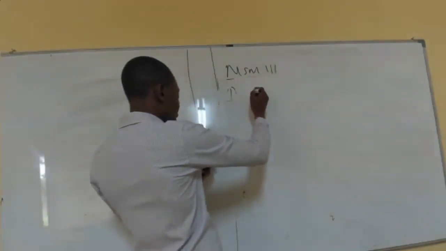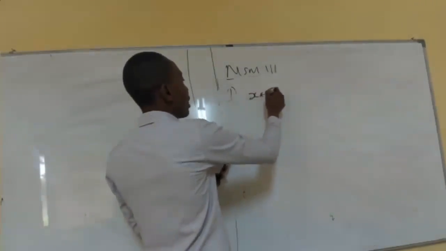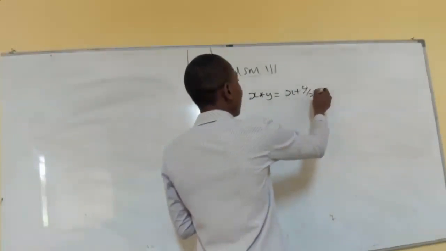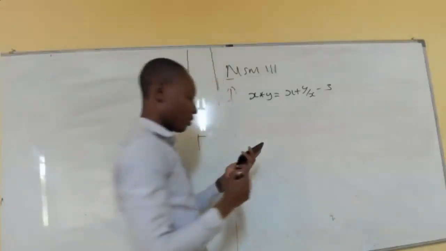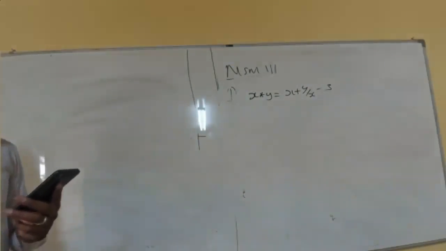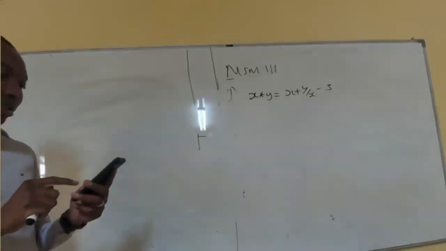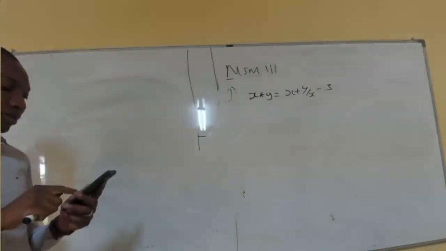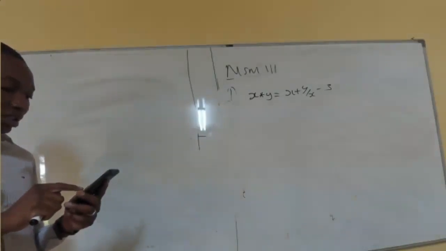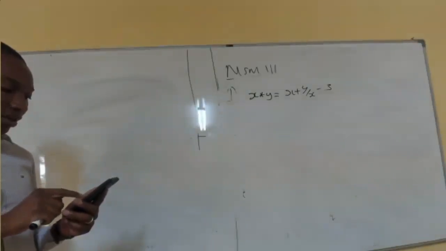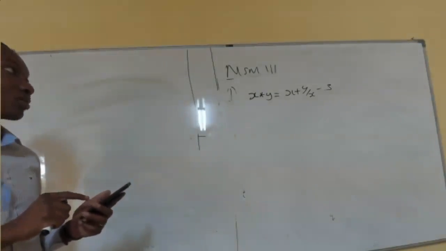Okay, so 2A says x star y is equal to x plus y over x minus 3. The first question says, is star associative?